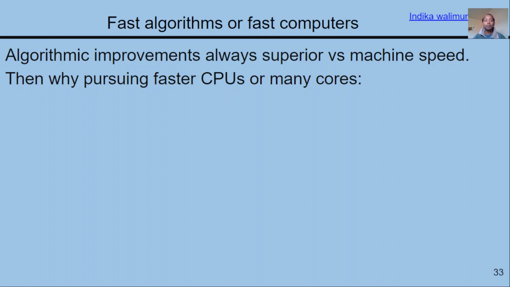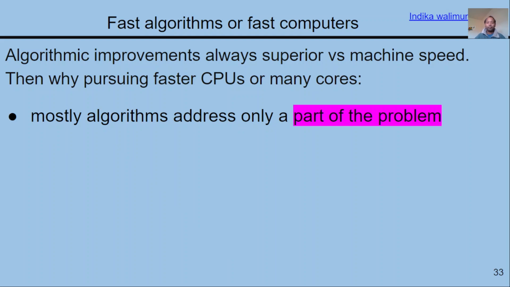But why do we still need fast computers? I mean, we know that Intel is a big company, doing really well and successfully growing, right? Their goal is basically to improve the CPU speed, right? So the reason is this.